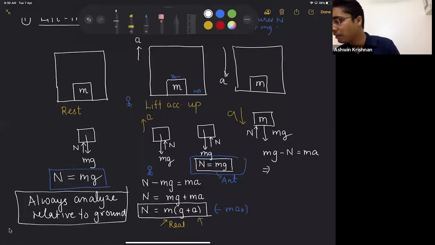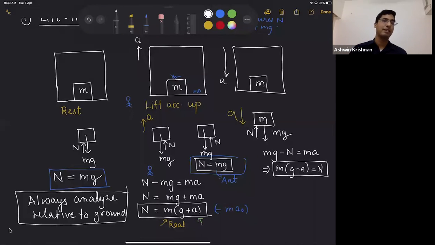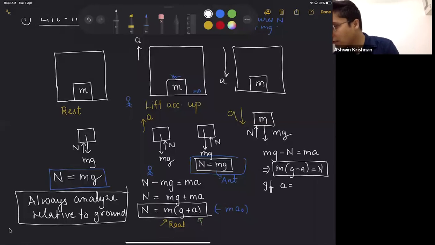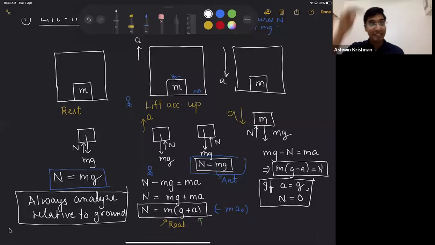This means m times (g minus a) is N. So when the lift accelerates downwards, if a equals g, N equals 0. So if the lift accelerates downwards at g meters per second squared, which means it's a free fall, you will feel weightless.